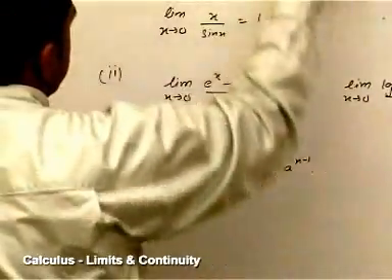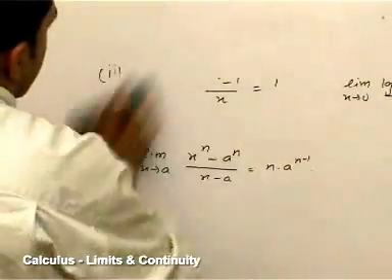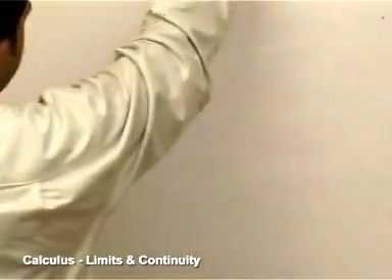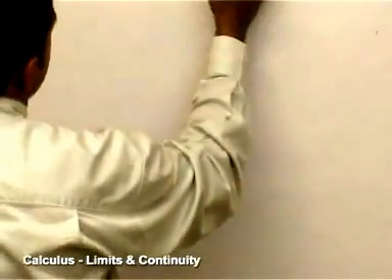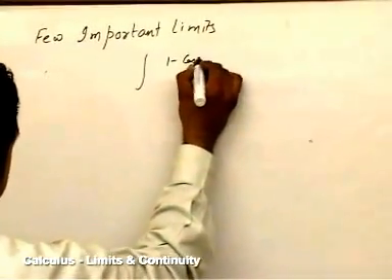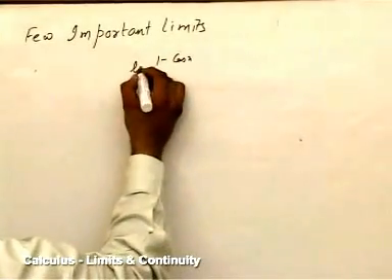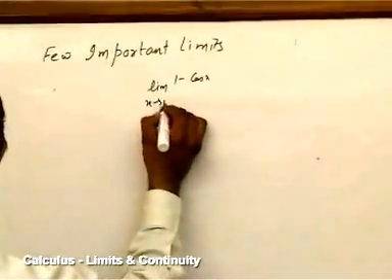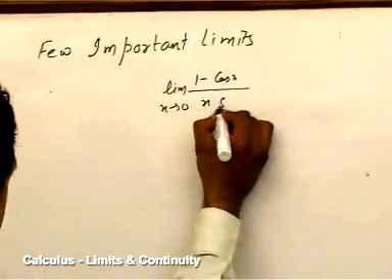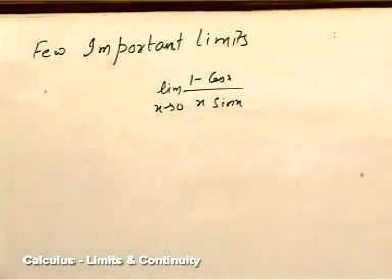For example, we want to find the limit as x tends to 0 of 1 minus cos x upon x sin x. What will be this value?